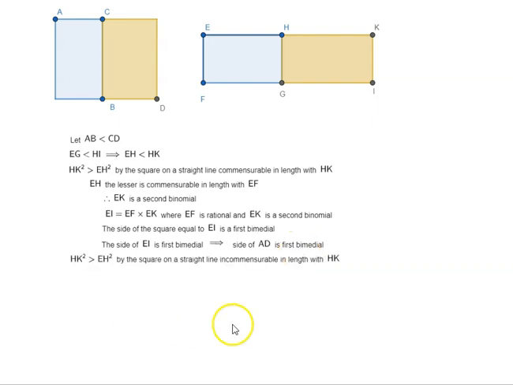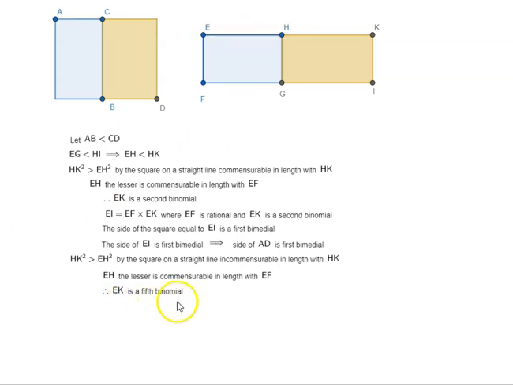And now let's look at the last case where HK square is greater than EH square by the square on a straight line incommensurable in length with HK. So EH, the lesser, is commensurable in length with EF, because remember EF is rational and EH is also rational.